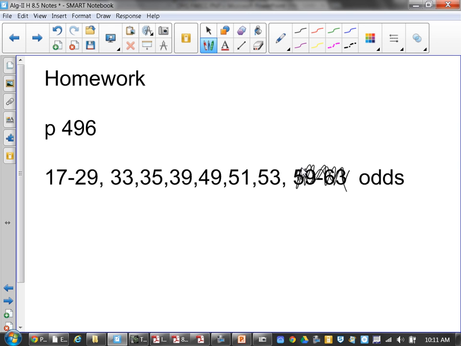When it says evaluate, it just says what property or simplify. Oh, you know what? 23, 25, 27, I skipped. Don't do those. There are a lot of problems.